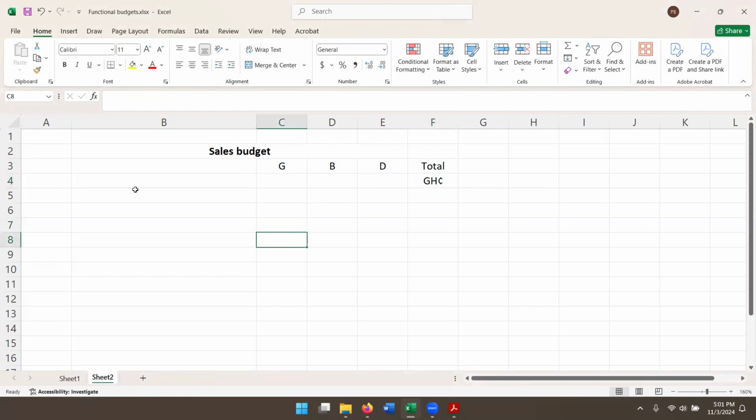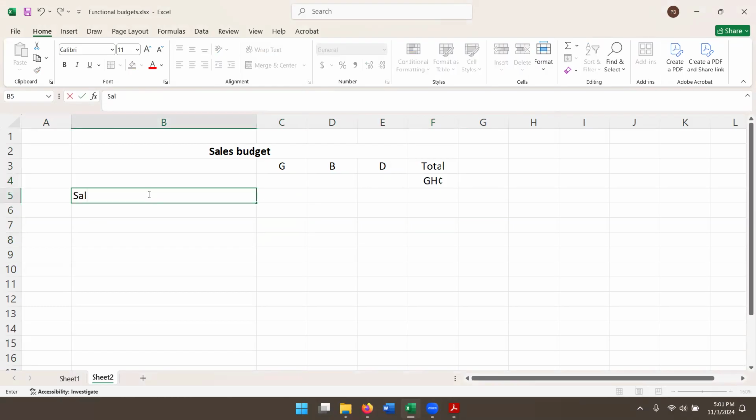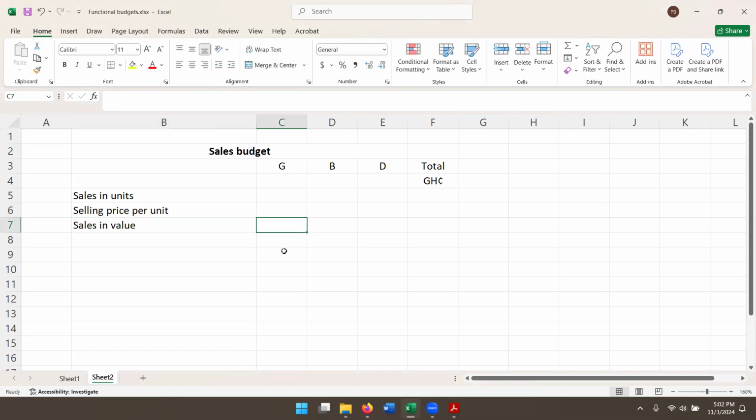All right. So we start with sales in units. Then selling price per unit, and then you have sales in value. All right.